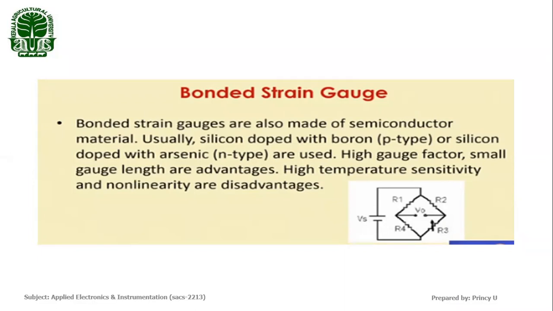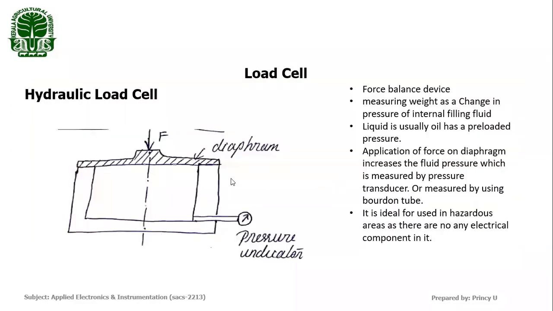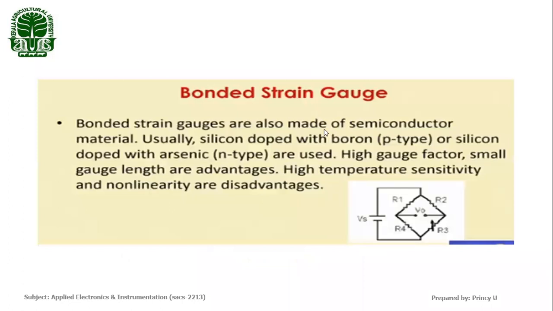So to measure higher forces, we use a load cell. A load cell is also used for measuring force or stress applied on a surface, but it can measure a higher range of force, in terms of newtons or kilonewtons. Large forces can be measured by using load cells, but strain gauges can measure only small forces or acceleration or small displacement.